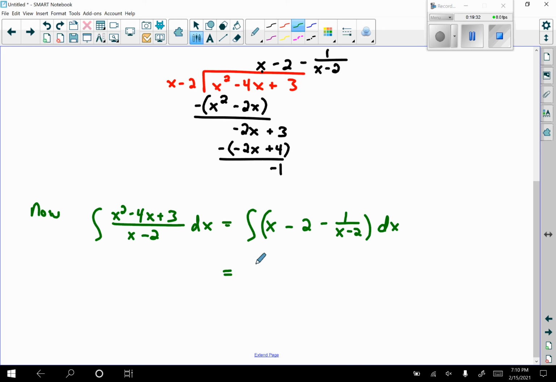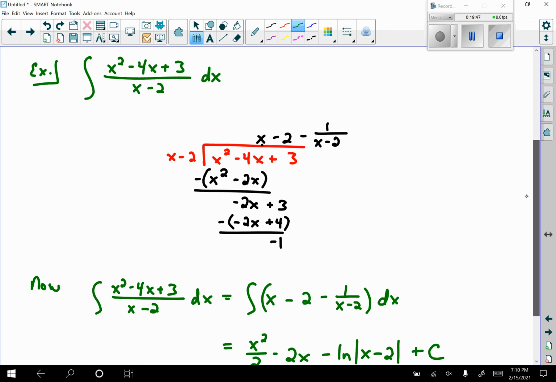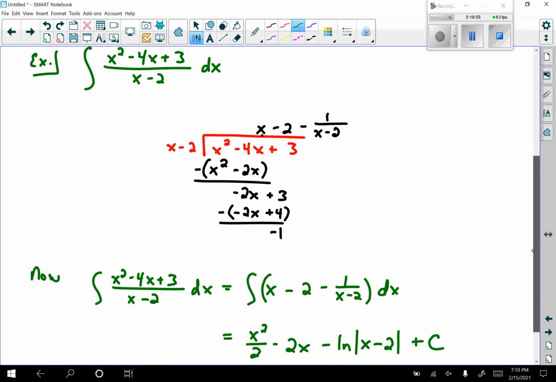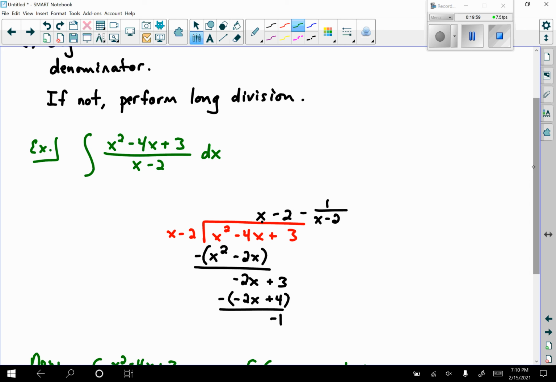The antiderivative of x is just going to be x squared over 2 minus 2x minus, this is just the natural log of the absolute value of x minus 2 plus c. How could we check? Just simply take the derivative of this. And if we got all of these into a common denominator, we would end up with that fraction at the very top. All right, so again, if our numerator has a degree that is larger than our denominator, this is the approach we take.